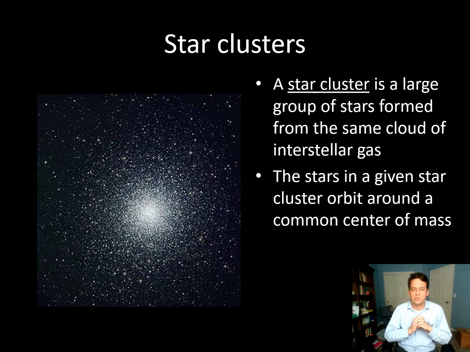So a star cluster is a cluster of stars. Okay, it's a large group of stars that importantly is formed from the same gas cloud in interstellar space. So we'll talk in several weeks from now about the process of star formation. But to simplify it a lot, and to sort of spoil it a little bit for you, stars form out of clouds of interstellar gas. So there are large, very extended clouds of interstellar gas just out there in space.